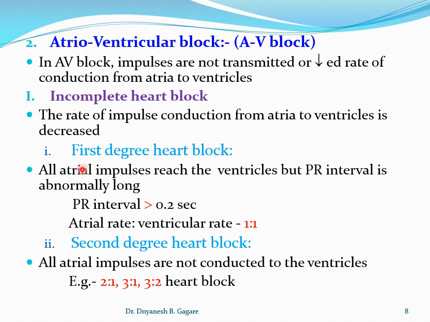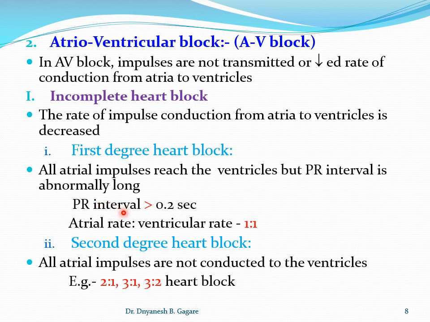Students, see what a first degree heart block is. In first degree heart block, all atrial impulses reach the ventricle, but the PR interval is abnormally long. Here, every impulse goes from the atrial side to the ventricular side, but there is an increase in PR interval. You know what a PR interval is.